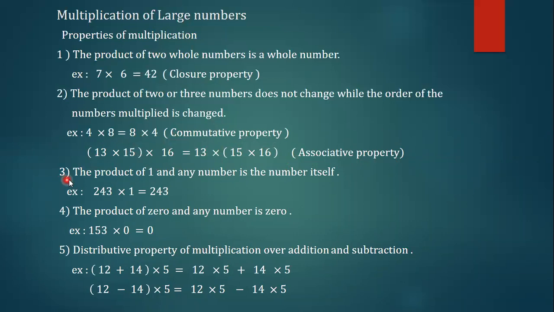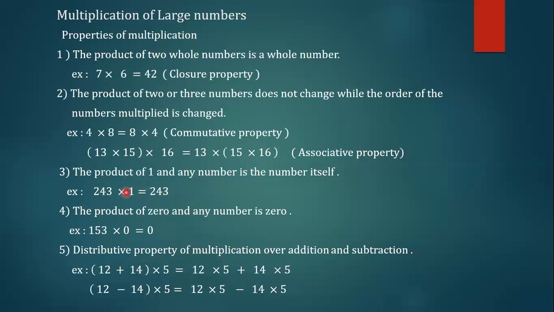Next, third one. The product of 1 and any number is the number itself. Already you know, when you multiply 1 to any number, the product remains the number itself. For example here, 243 into 1 is equal to 243. Any number you can multiply with.